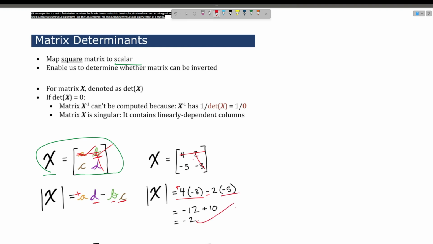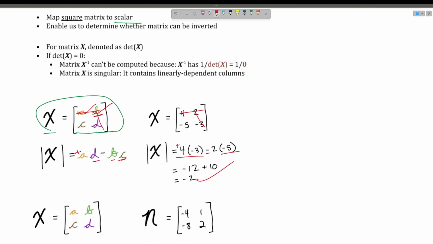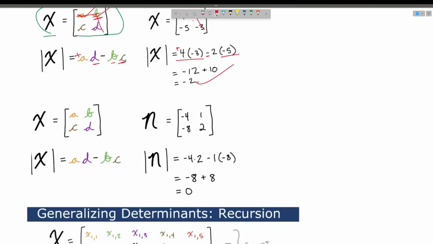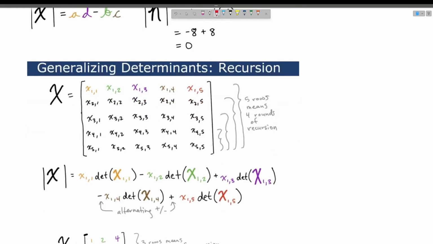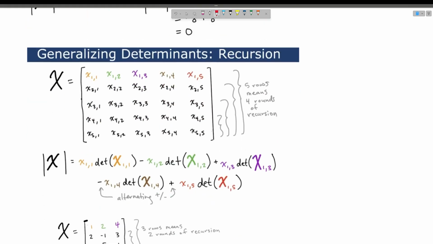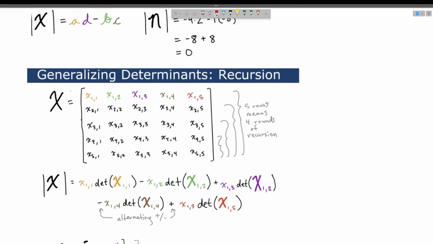This is the same process we have to follow if the matrix is a huge one. Here is the example. Assume we have a huge matrix. How many rows? 1 2 3 4 5, so 5 rows, and we have 5 columns.